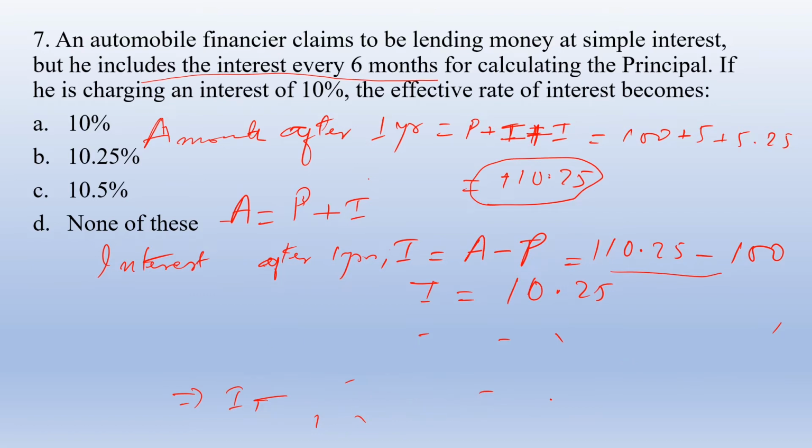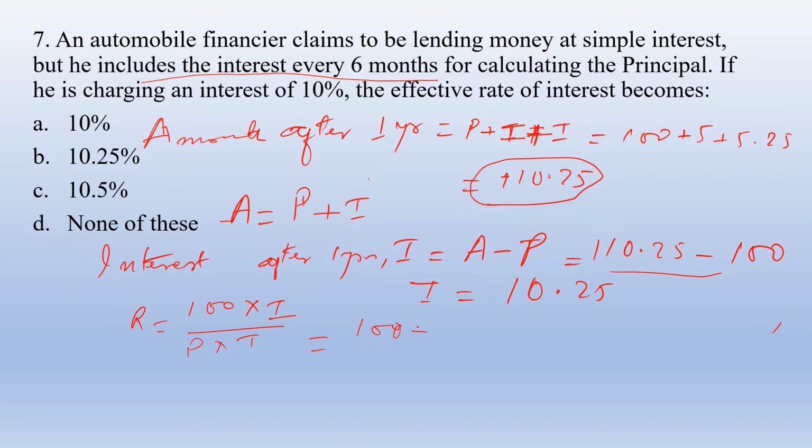Now we have to find the effective interest rate after 1 year. We know the formula: rate is equal to 100 multiplied by interest divided by principal multiplied by time.